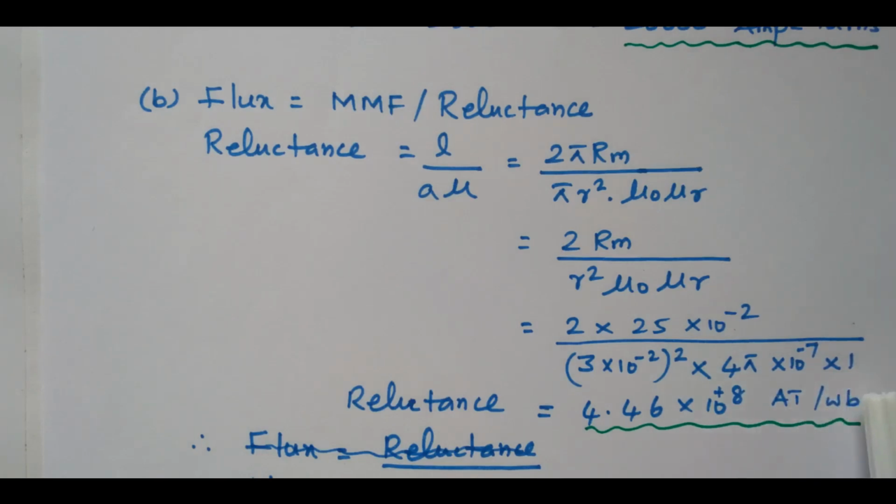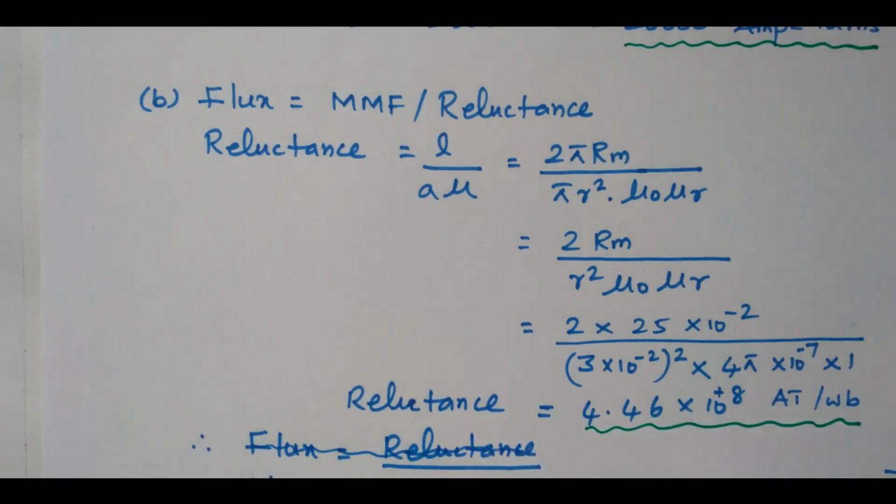The relative permeability is not given in the problem, but since it is an air cored coil, the mu r value is 1. After simplifying, we got 4.46 into 10 to the power 8 ampere turns per Weber.